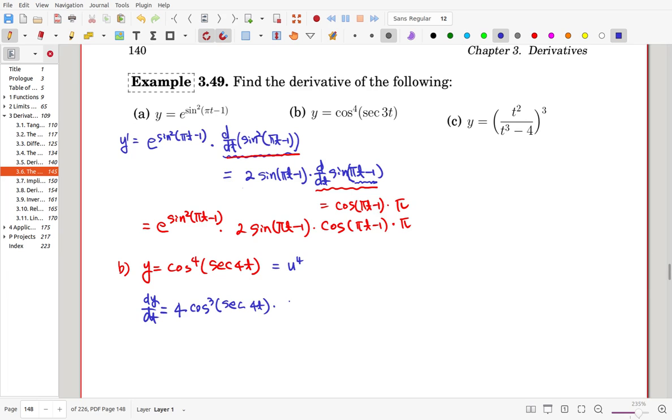So it's d over dt of cosine of sec 4t. Again we are focusing on this portion, and we think this is a variable.